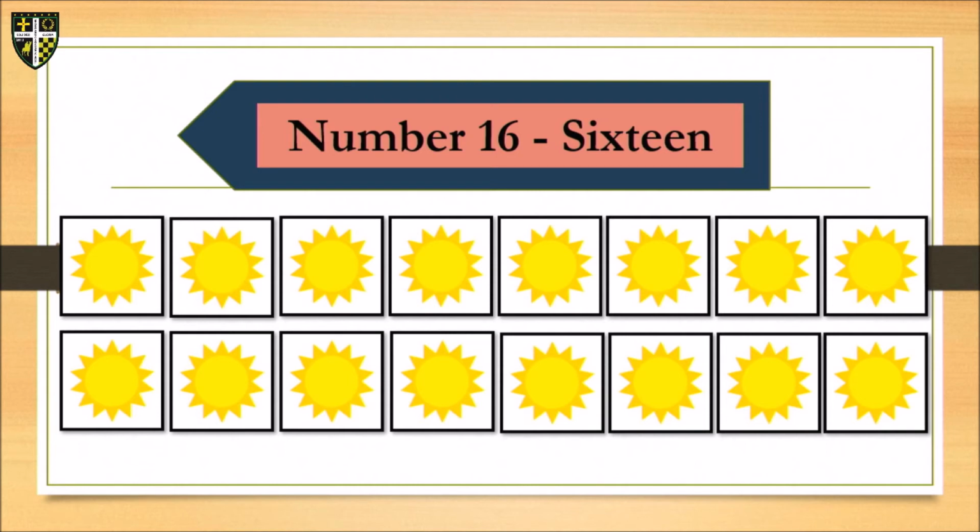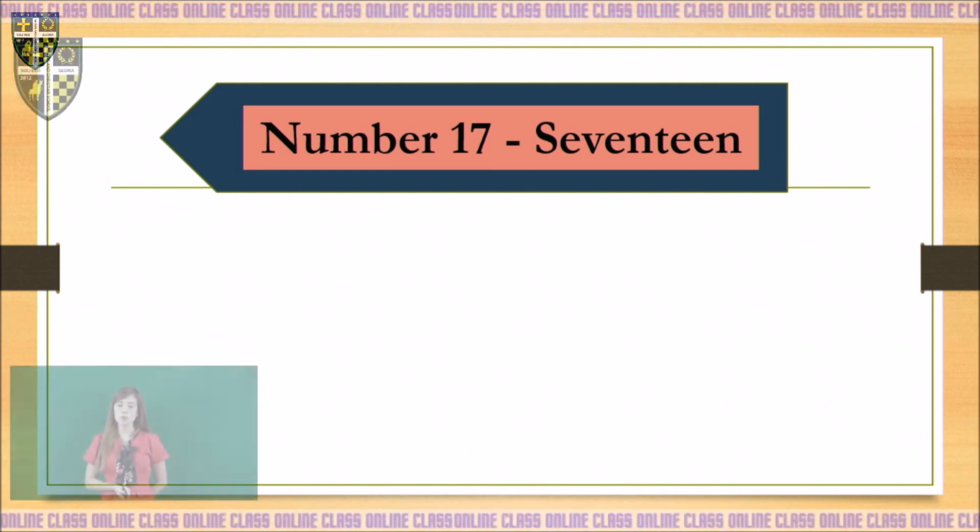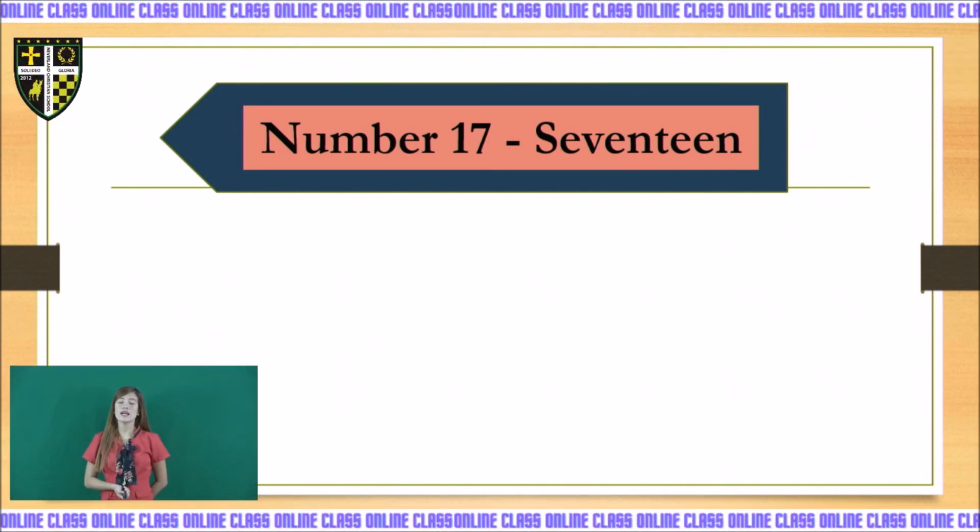We have 16 suns. Again, kids, we have 16 suns. After number 16, we have number 17. Again, kids, number 17. And the number word, we have S-E-V-E-N-T-E-E-N.